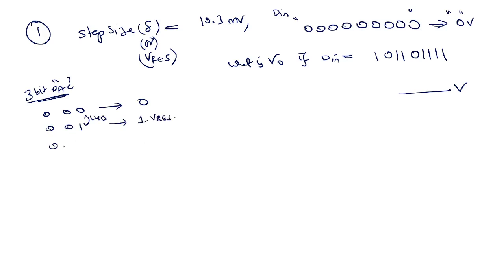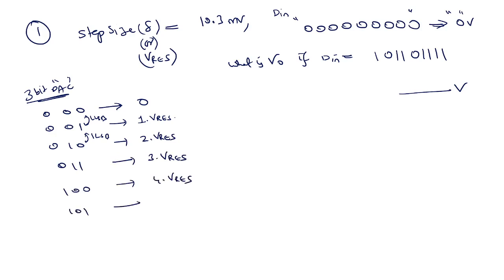Correct? 010, what is this? 1 LSB increment results in this. 011, 3 times this. 100, 4 times this. 101, 5 times this. 110, 6 times this. 111, 7 times this.